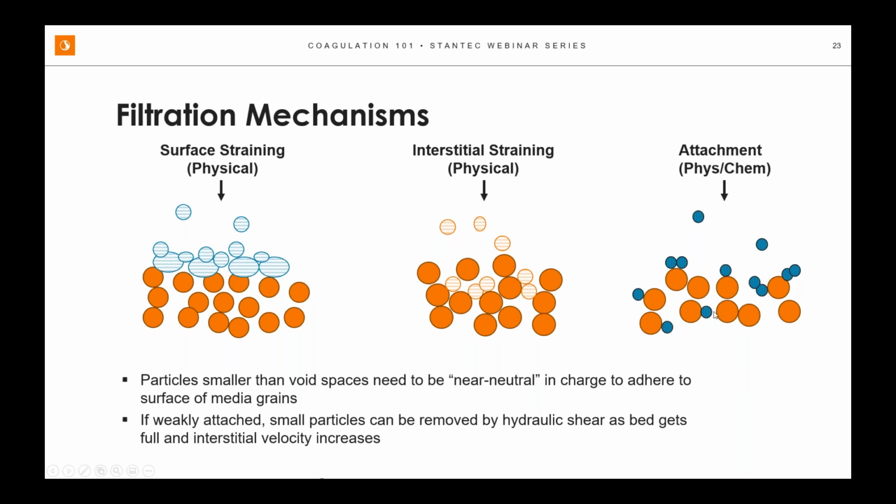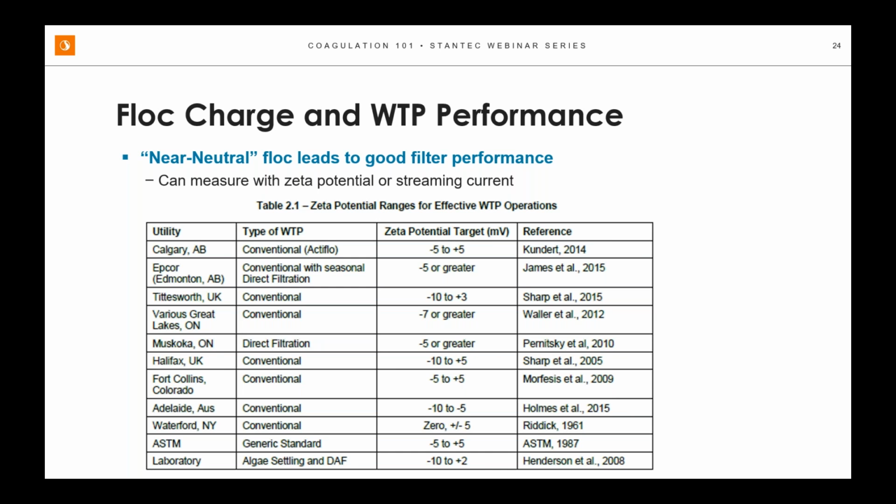Okay, and if they're not attached tightly, they will get released by hydraulic shear as the bed gets full, and you'll end up with that breakthrough. So that's why we need to make sure that coagulant is optimum to maximize the attachment. We use zeta potential or streaming current as a nice way of measuring that actual flock charge.